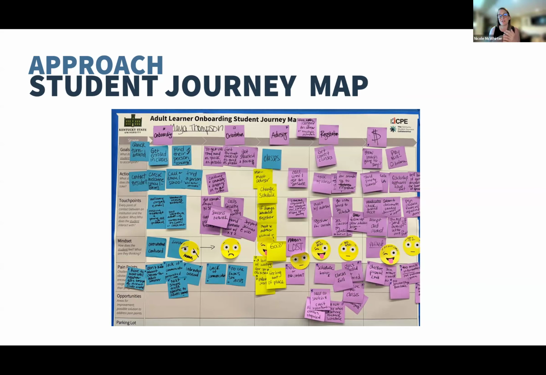If this is something that you're interested in doing, the poster template is actually in the toolkit. You can have it printed out, and then have someone facilitate this. But we developed this journey map over the course of a few hours with a cross-functional team that represented all the different offices that were involved in onboarding a student.